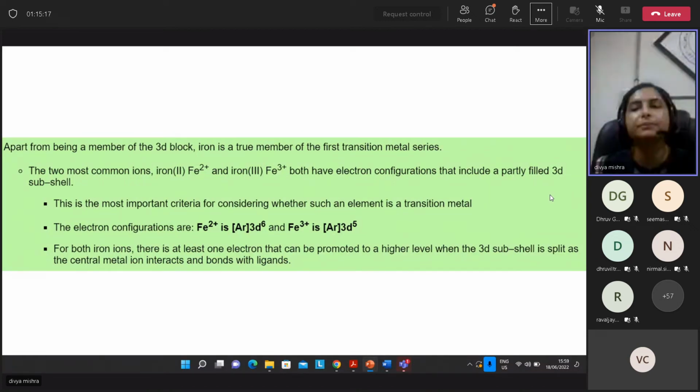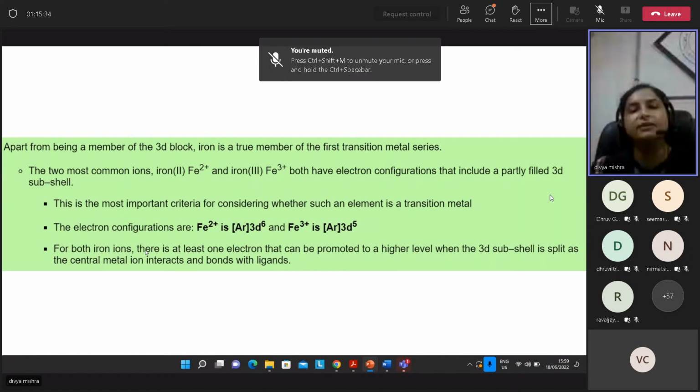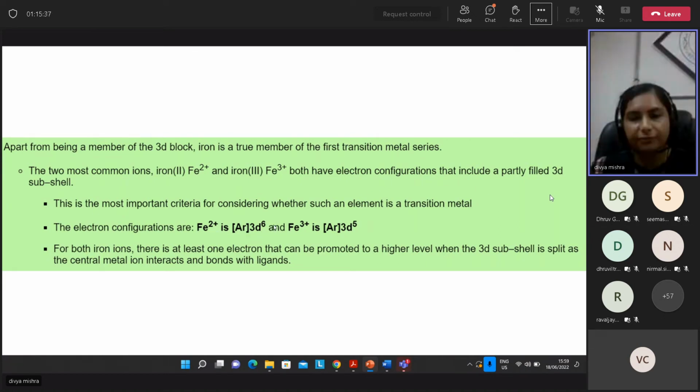This is the most important criterion for considering any element to be a member of the 3D block transition metals. For Fe plus 2, you can see this is 3D6. For Fe plus 3, it is 3D5.